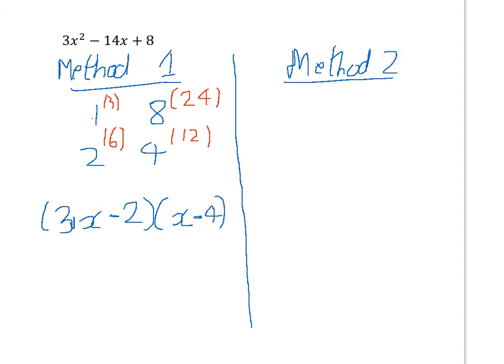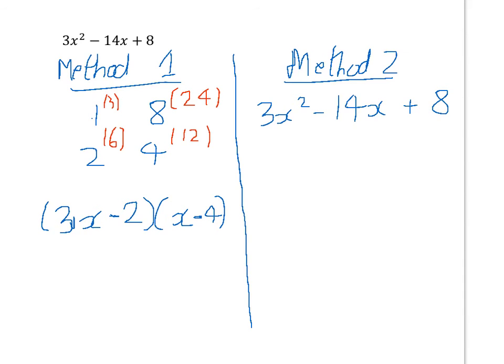Right, so we're going to start off with the question we started with. So that's 3x squared minus 14x plus 8. Now, the way to answer this, to find the factors, to find the brackets, is to firstly do 3 times 8, so the coefficient in front of x squared, times by 8.